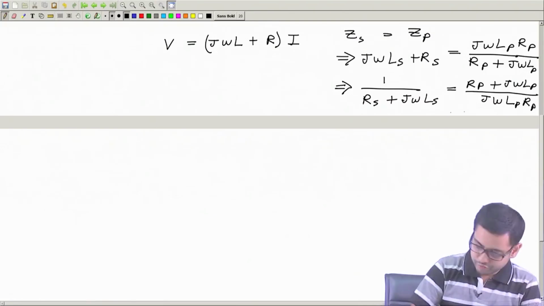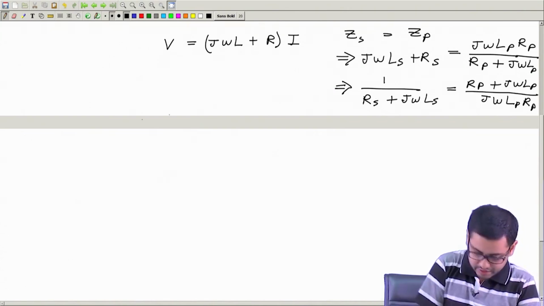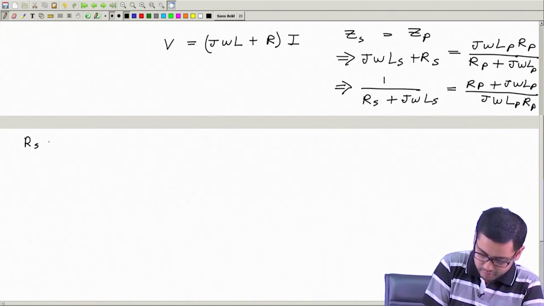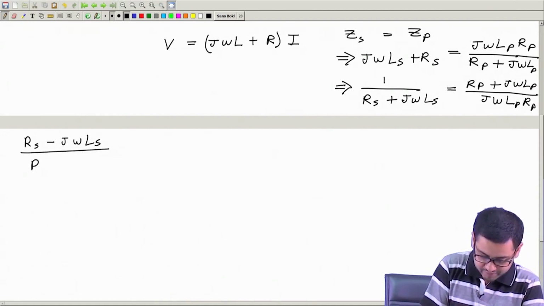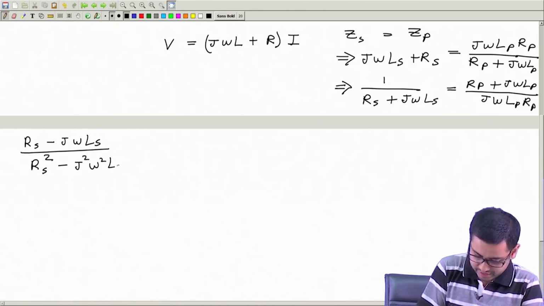So, now from this what can we write? Let us multiply here with Rs minus j omega Ls in the numerator as well as in the denominator. So, the denominator will become Rs square minus this term square, so minus j square omega square Ls square.